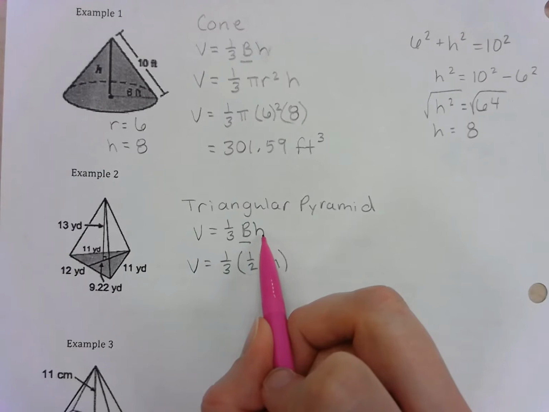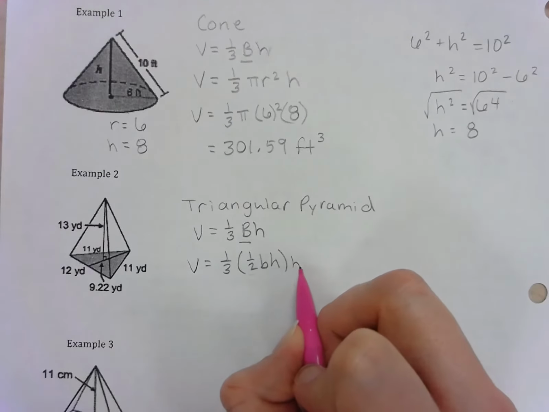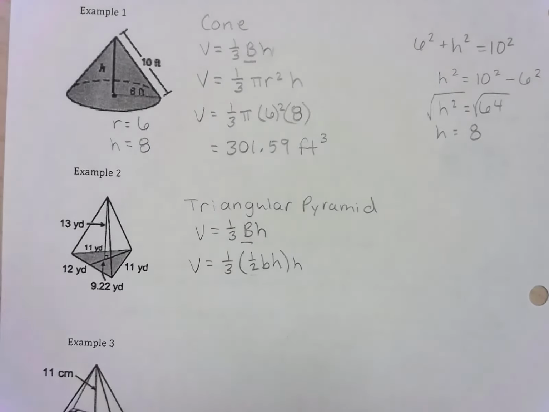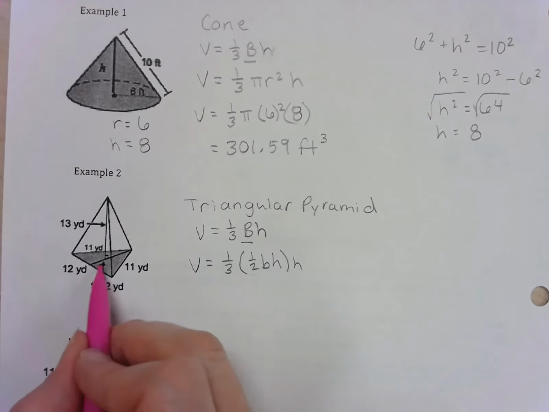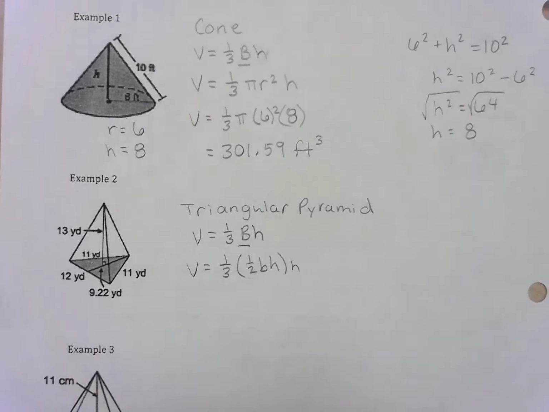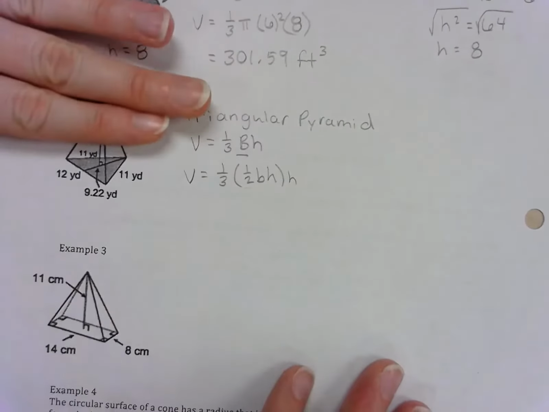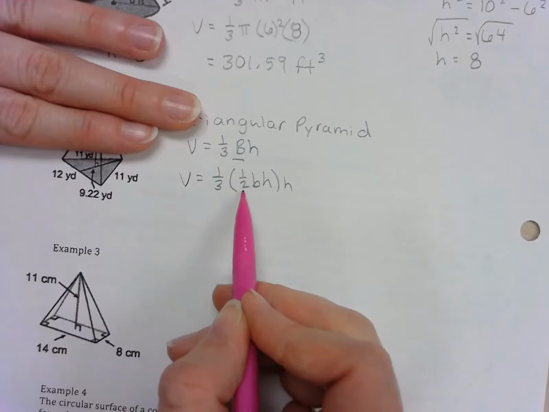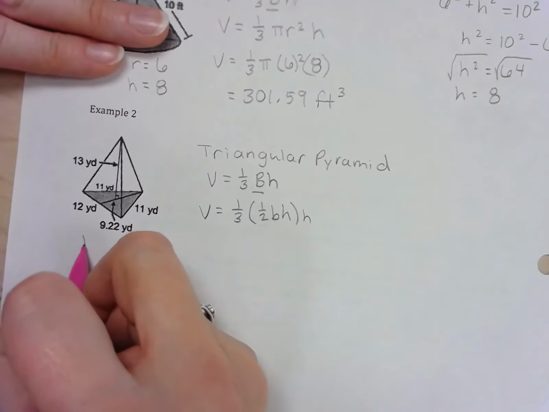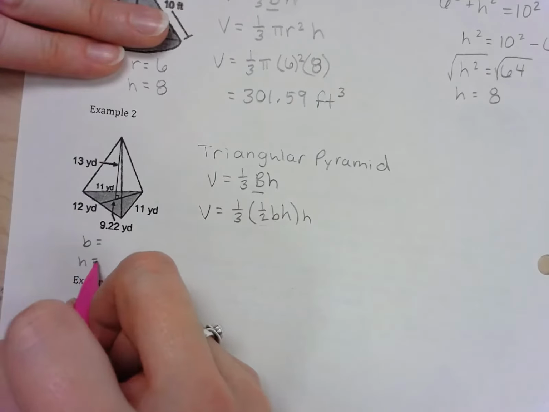But then don't forget that last H. It's a common mistake for students to miss that H on the very end of our volume, so don't leave it off. So let's find our values. The first B and H is from just the triangle, so you have to cover up the top part of your figure and just look at that base figure of that triangle to find the base and the height.